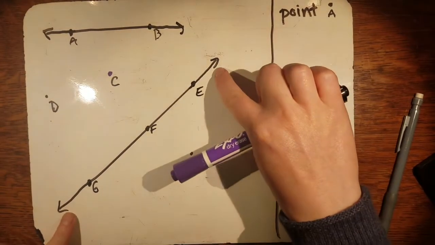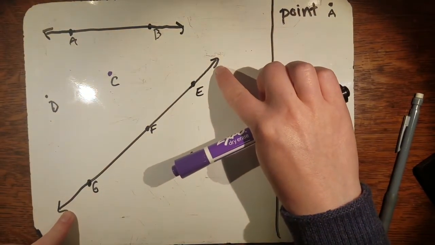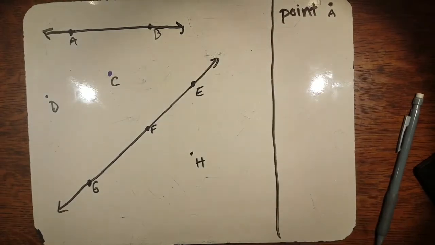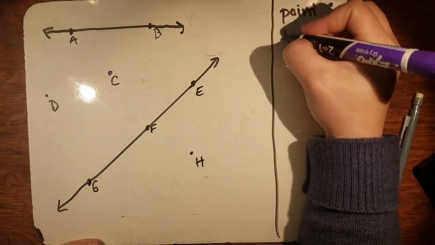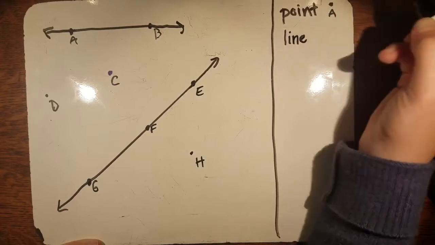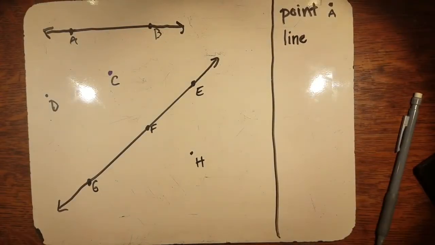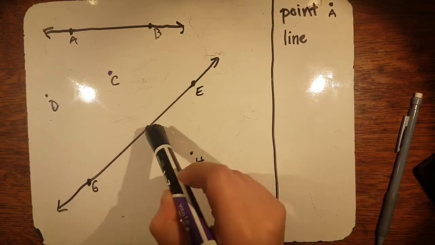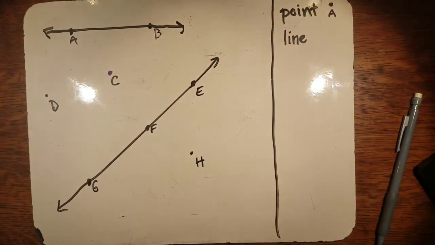We mark a line going forever and ever with arrows. Now, that's great. Sometimes if we're talking about pointing to a specific line here, we still want to label it, and you'll notice that we still have points on these lines.